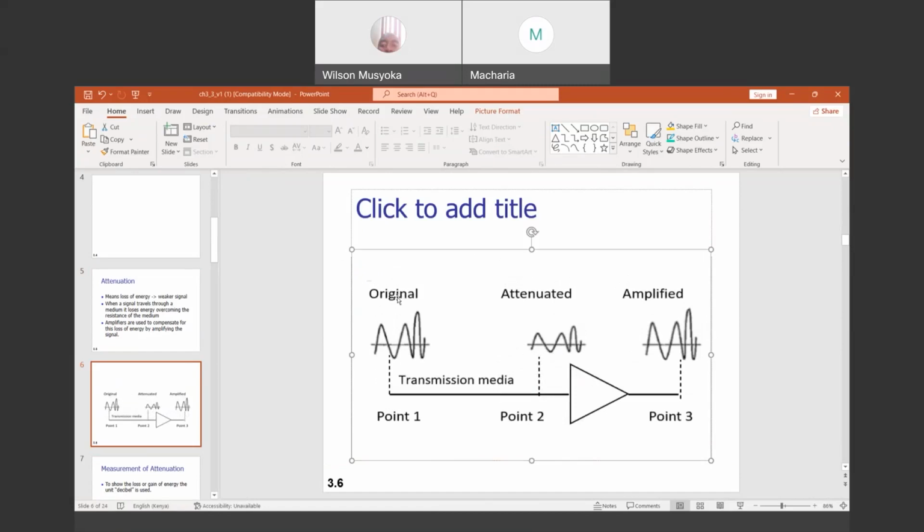The original signal looks like this. Through the transmission medium, it is going to get from point 1 to point 2, and because of distance, and because it is trying to overcome the resistance in this transmission medium, it is attenuated.